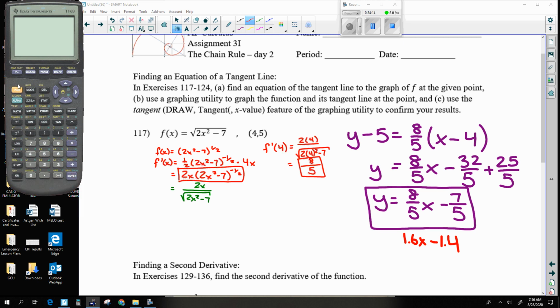So we graph our original, the square root of 2x squared minus 7. Okay, so we graph that. And we want to know the derivative. So we go second, draw the tangent line at when x is equal to 4.